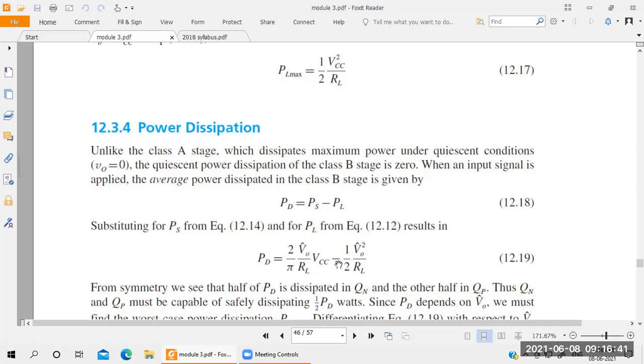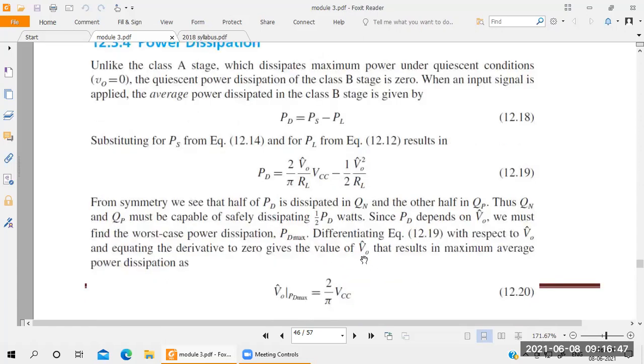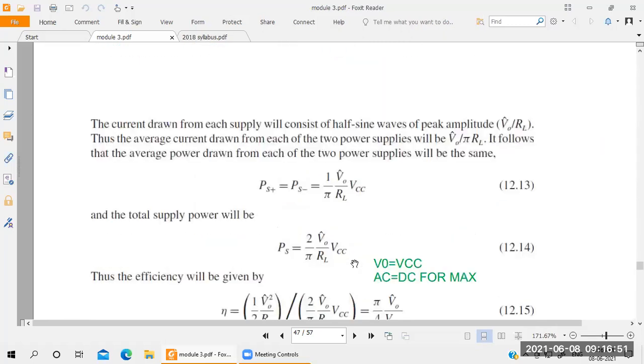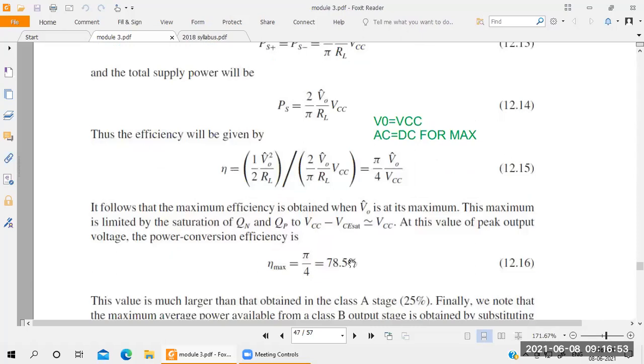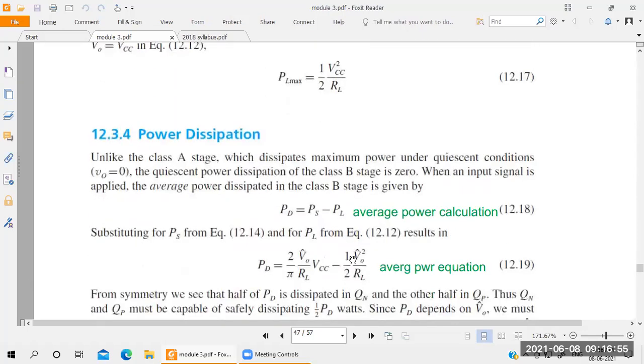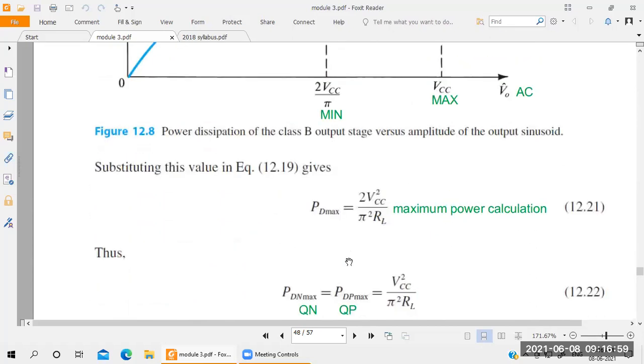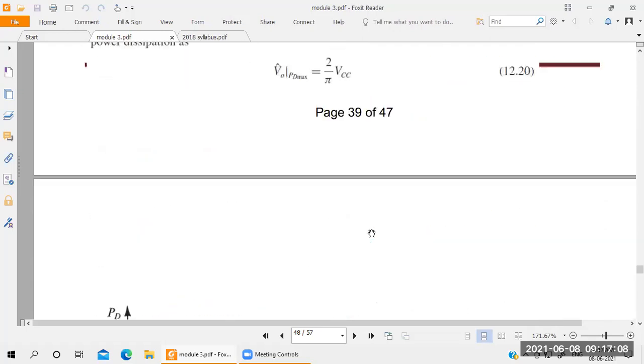Minus the output power, 1 divided by 2 V naught square divided by RL. You take the difference here. Then we get the final equation: 2 into VCC square divided by pi square RL.